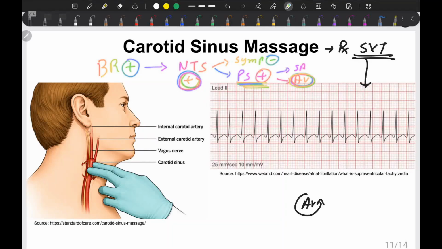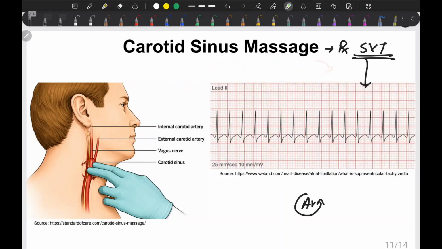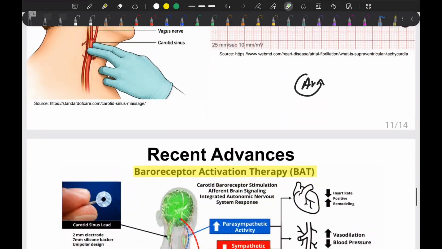Whenever you have parasympathetic AV nodal stimulation, there will be an AV nodal delay. AV nodal delay means the impulses coming from the SA node to the AV node will be held for some more time. So it will be helpful in treating the reentrant variety of supraventricular tachycardia.